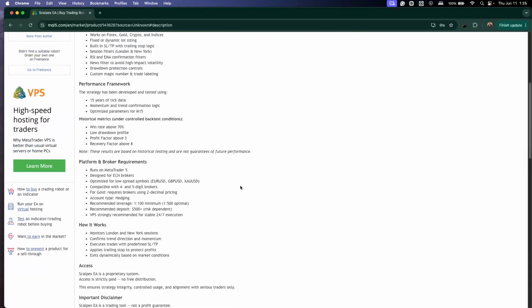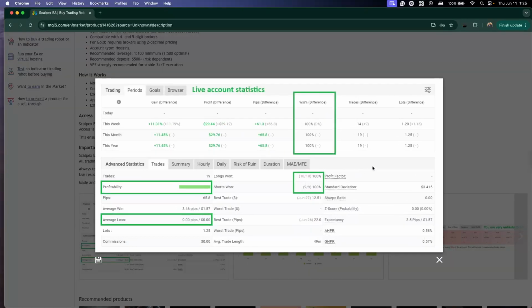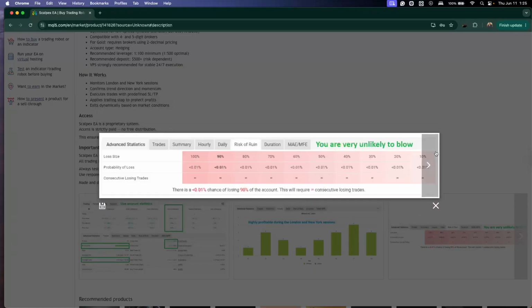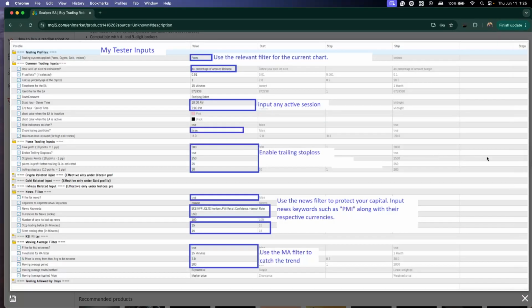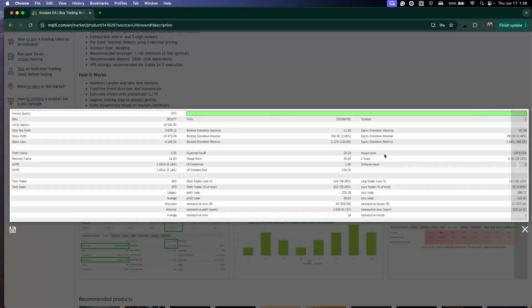Backtests they show look strong. This is their live account, and all of these are their live accounts, but this is also their inputs, and this is their backtest curve from 2010 to 2024, which is about 14 years of data.